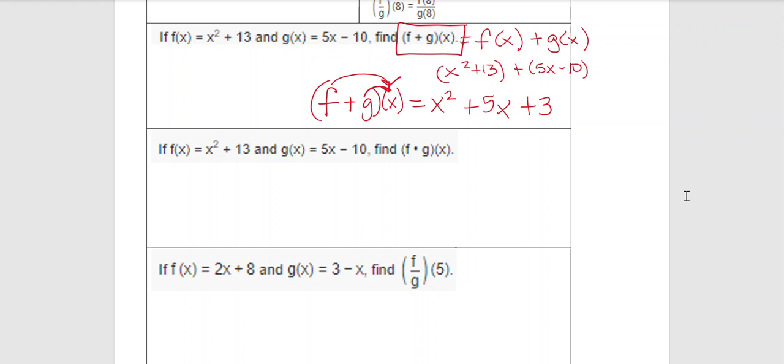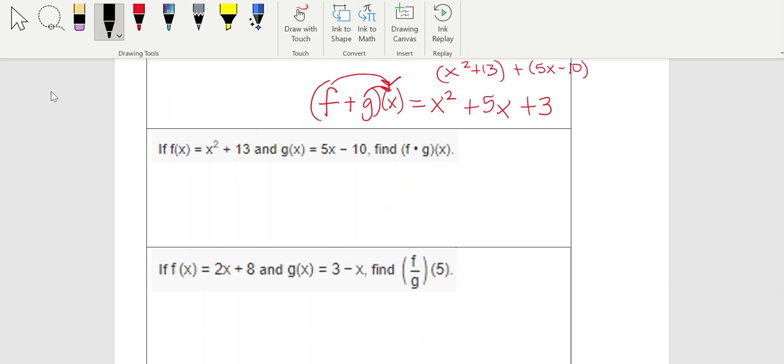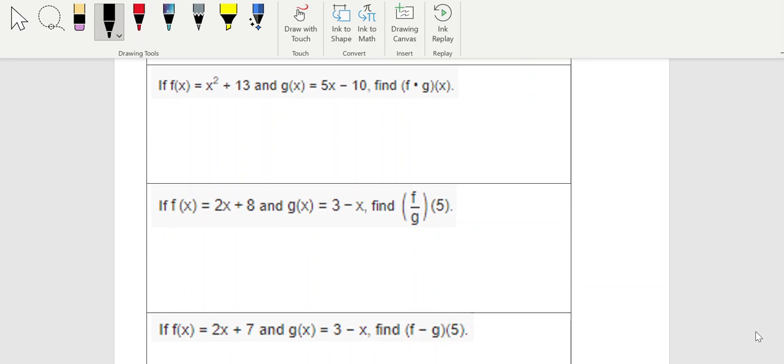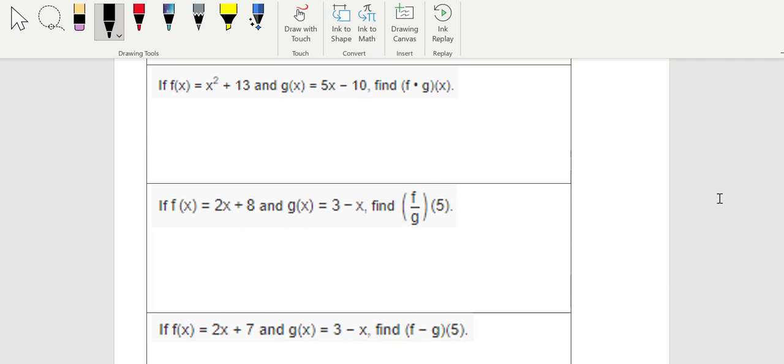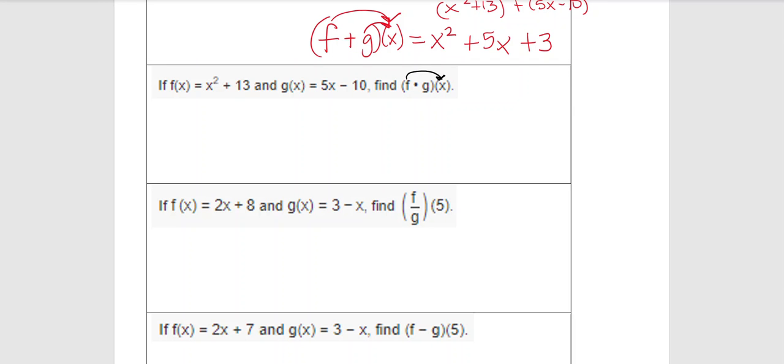Let's look at another example there. F of x equals x squared plus 13, and g of x equals 5x minus 10. Find f times g of x. So again, I need to do the f of x function, but this time we're multiplying it by the g of x function. F of x times g of x.